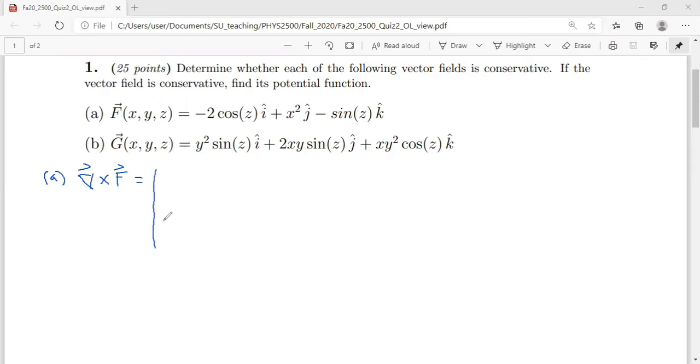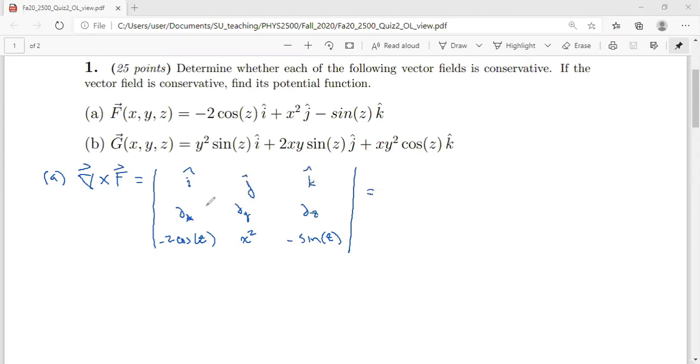So you've got minus 2 cosine z for an x component, x squared for j component, and then minus sine z for a z component. And I'll use my shorthand, this is d by dx, d by dy, and d by dz, I hat, j hat, k hat.